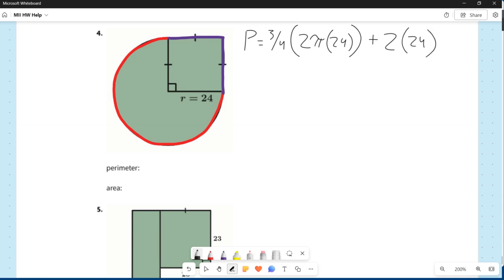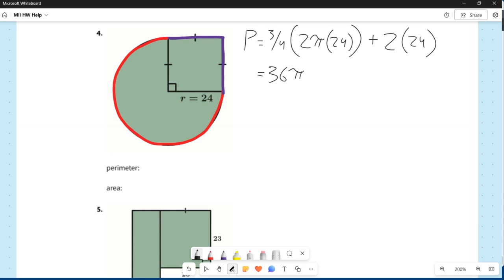That's what's on the outside. So I can clean this up a little bit. 3/4 of 24 is 18, times 2 is 36. So this first term simplifies to 36 pi.